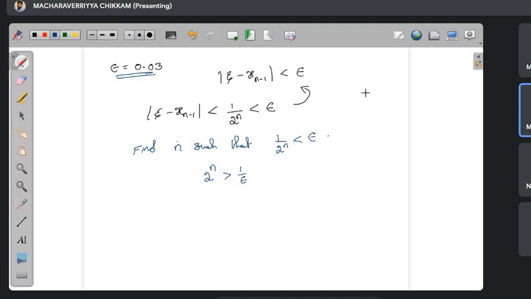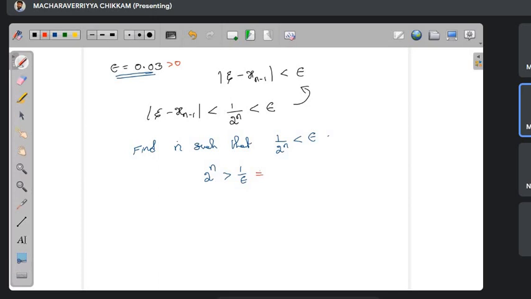I hope you know whenever a is less than b, that implies 1 by a is greater than 1 by b. When you take reciprocal, the inequality changes. Of course I am assuming both are of same sign. 1 by 2 power n is positive, and epsilon we are saying it is an accuracy, so definitely we will take this to be positive, so there is no issue.